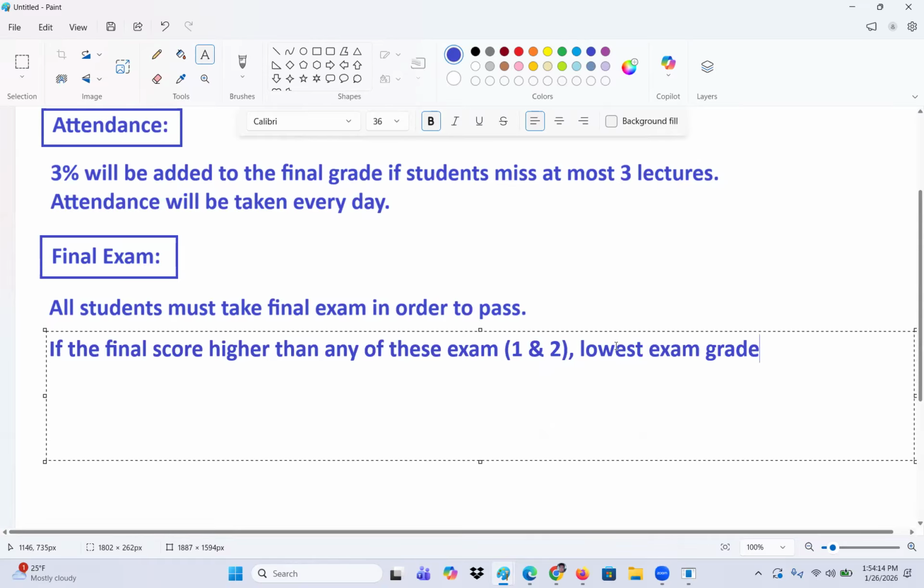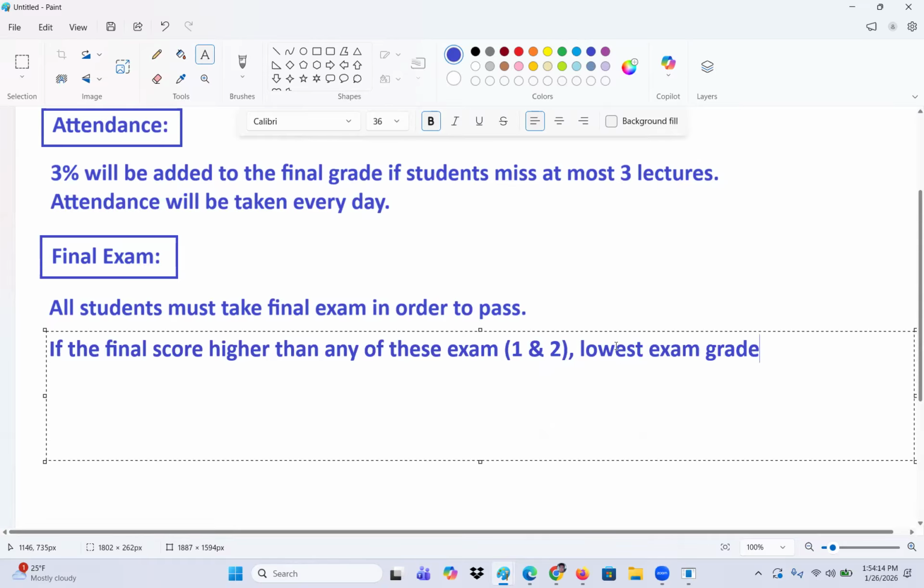So let me just give you some examples. Example one: exam one, you get 65. Exam two is 70. The final exam will be, let's say, 78, whatever it is.